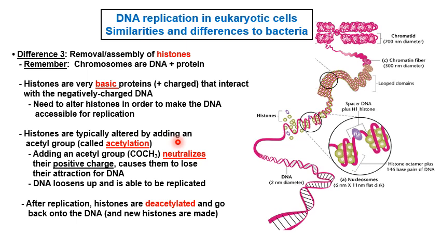Then after the DNA is already polymerized and you have to make it compact again, you're going to modify the histones again, and you're going to take out those acetyl groups to make the histones associate back with the DNA. So at the beginning of polymerization, you have acetylation, and then after polymerization, you're going to have deacetylation.